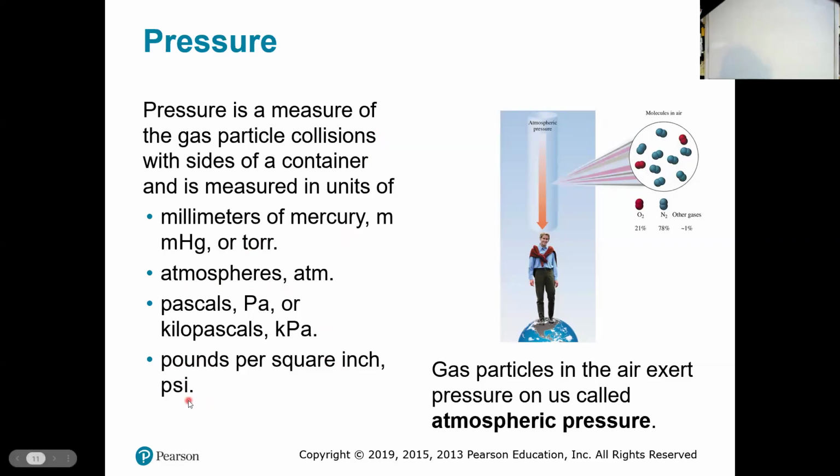So that's a good pressure unit to be familiar with. And we also have the pressure that we experience every day all around us. The gas particles in the air are exerting pressure on us. That type of pressure that we're experiencing constantly is called atmospheric pressure.